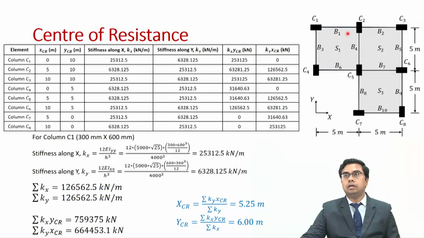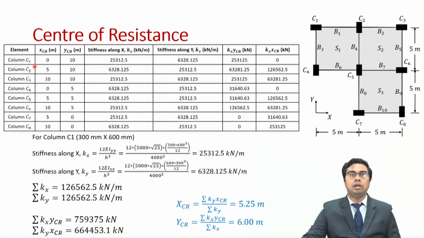So, in order to have the center of resistance of individual elements located at their respective center of mass, we have divided these slabs into 3 components. If we had not divided, then in that case, the center of resistance of each of the columns will be located at its center of mass.